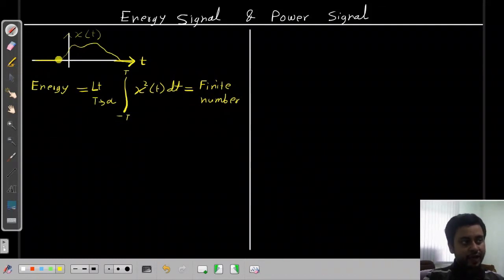Essentially, you have to carry out this integration from this point to this point. After that or before that, the integration will result in 0.